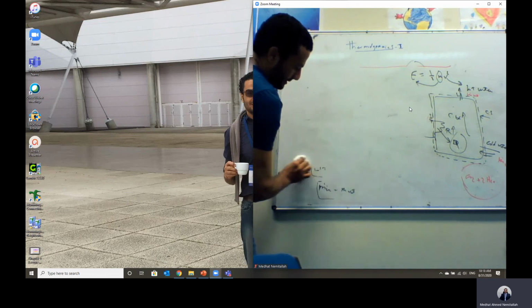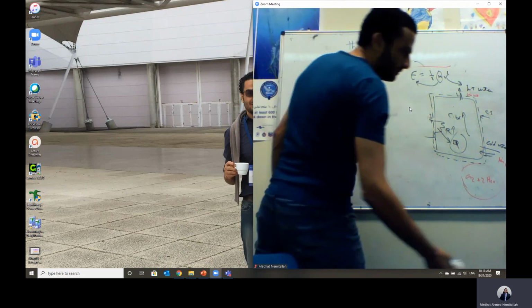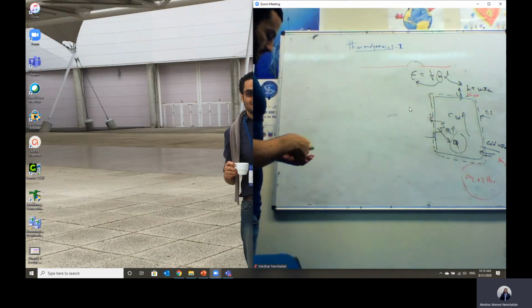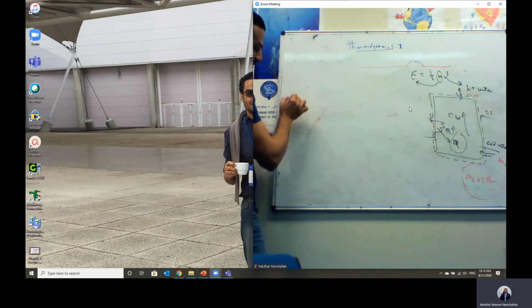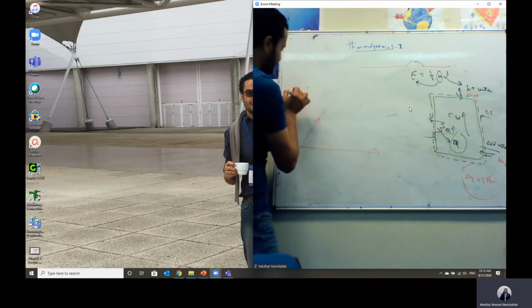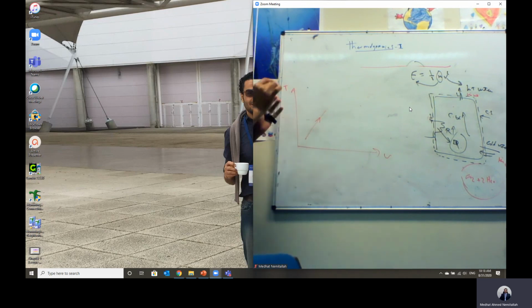Like water, if we are boiling water, converting the water from the liquid phase to the vapor phase, when we add heat to the water, look at its temperature on the temperature-volume diagram. So when you raise, this is a cold water.